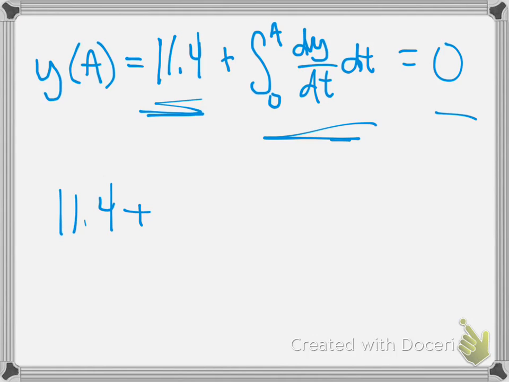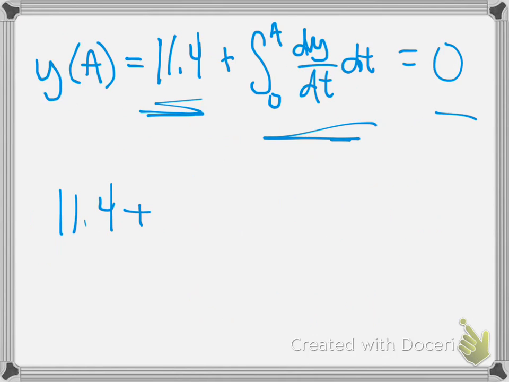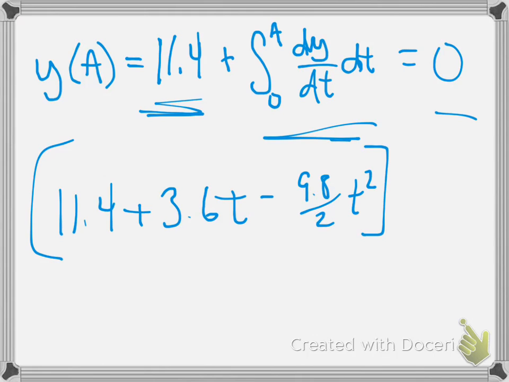Now, if you think about taking the antiderivative of dy/dt, we're going to get 3.6t minus 9.8 over 2 t squared. We would need to evaluate that from 0 to A and set that equal to 0.